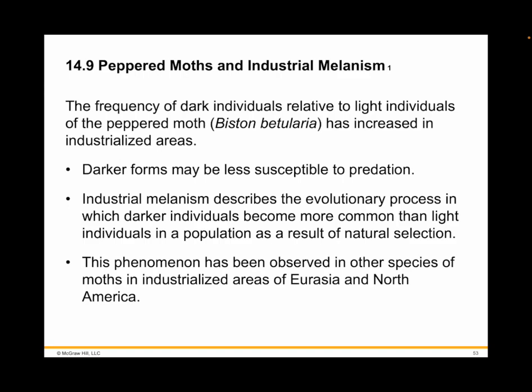Industrial melanism is a term used to describe the evolutionary process in which dark individuals come to predominance over lighter ones since the Industrial Revolution as a result of natural selection. This process is widely believed to have taken place because the dark organisms are better concealed from their predators in the habitats that have been darkened by soot and other forms of industrial pollution, as suggested by Kettlewell.